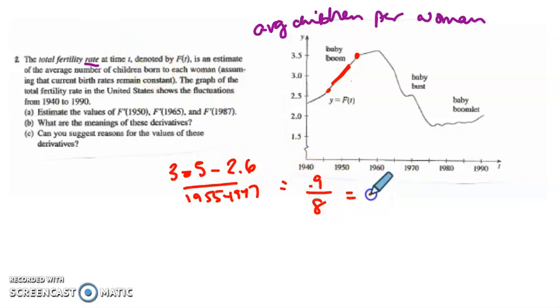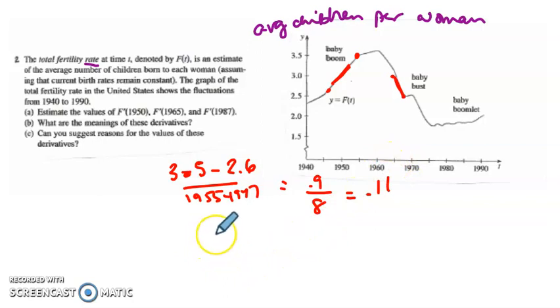When I put this in my calculator, I get 0.11. So of course, these are estimates. Your key says something slightly different than what I have, but that's fine. So you would do the same thing at 1965. It gets a little bit more complicated because this section looked linear. This section, we actually have to draw a tangent line here. I know it's going to have a negative slope, and I'm really just having to estimate. So I might have gone down by 0.5 and over by, say, 3 years or something.